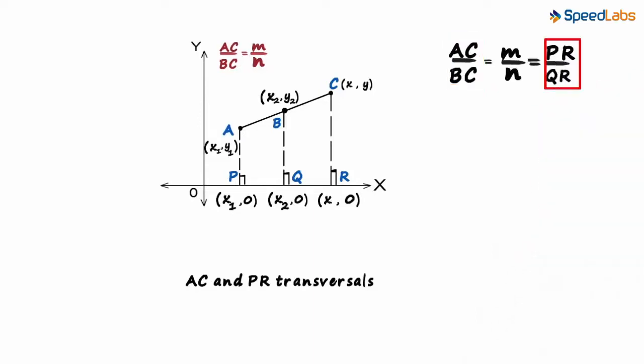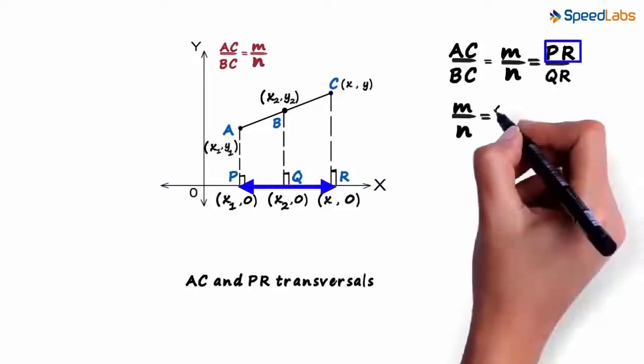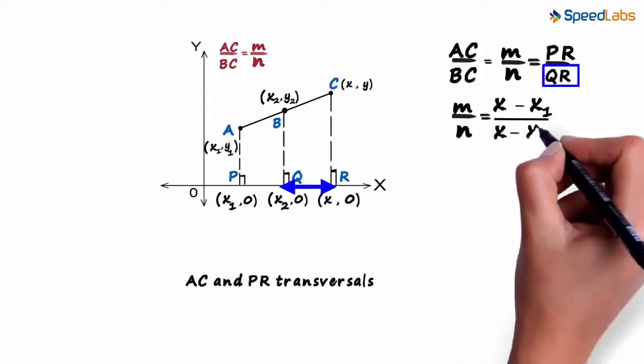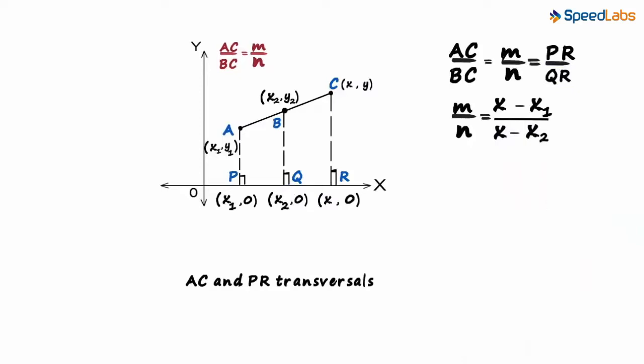Finding PR and QR is easy since all 3 points P, Q and R lie on the x-axis. We know that the length of PR will be x minus x1 and the length of QR will be x minus x2. If a line segment lies on the x-axis, then its length will be the difference of the x-coordinates of the endpoints.